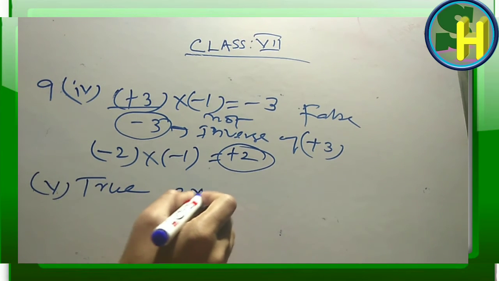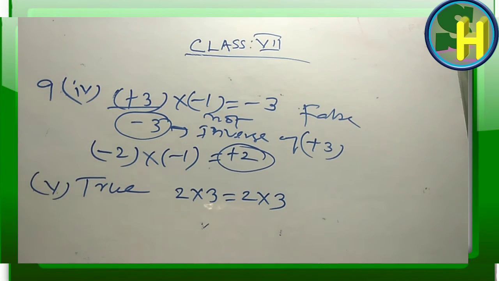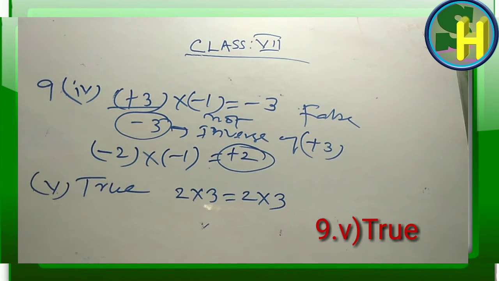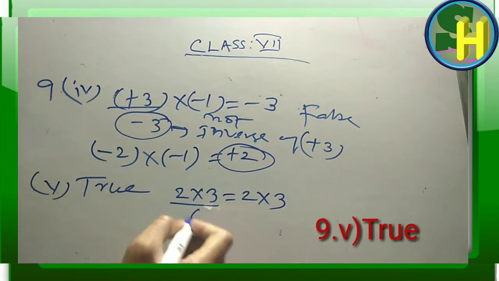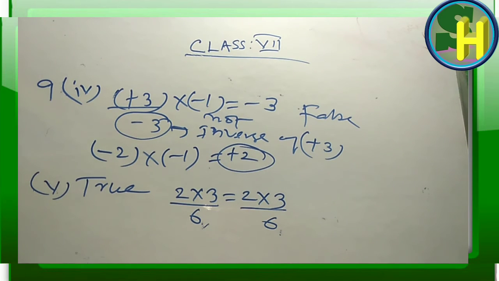So 2 into 3 and 3 into 2 will be equal. This is 6, this is also 6. Both are equal, so the commutative law is followed. Clear?